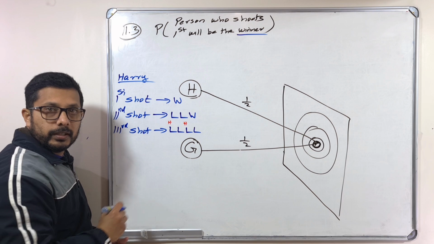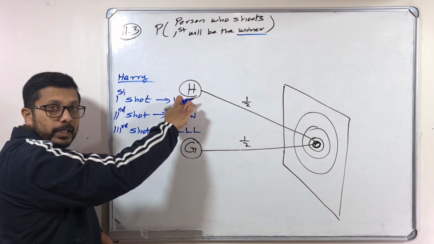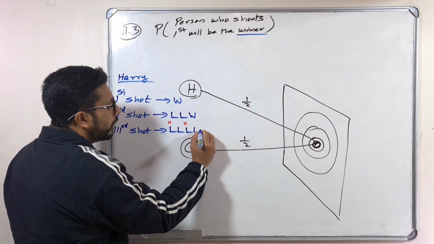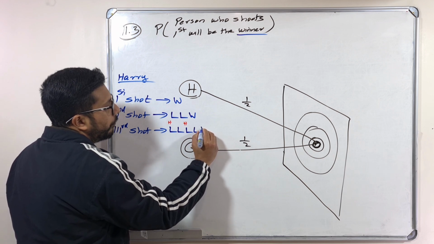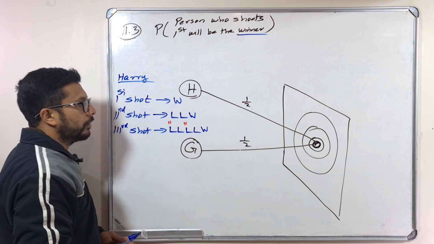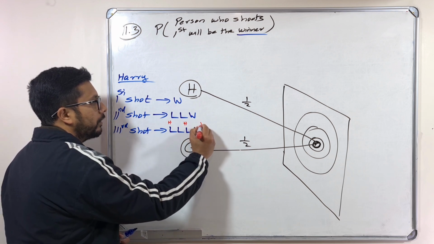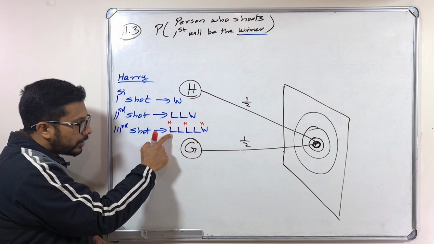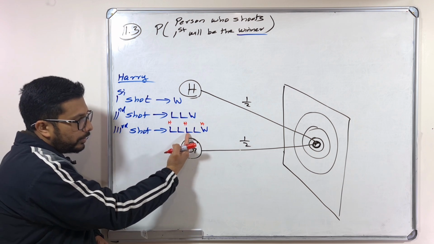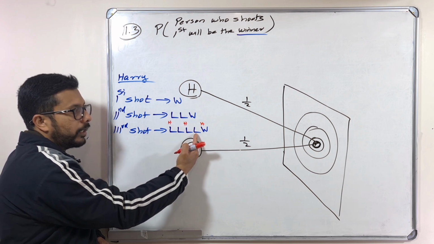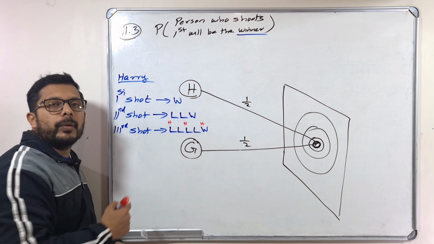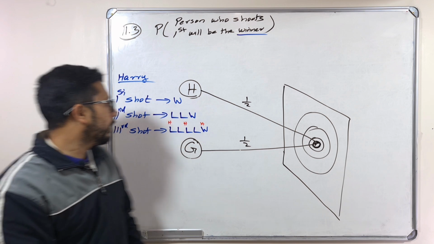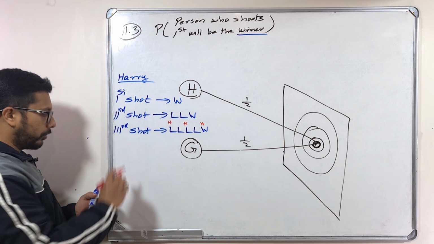Then again it will come to Harry's turn. Assume that in that case Harry wins. This is Harry's third chance. This is the first chance, then Glenda, then Harry's second chance, then Glenda, then on the third chance maybe Harry shoots the bullseye.